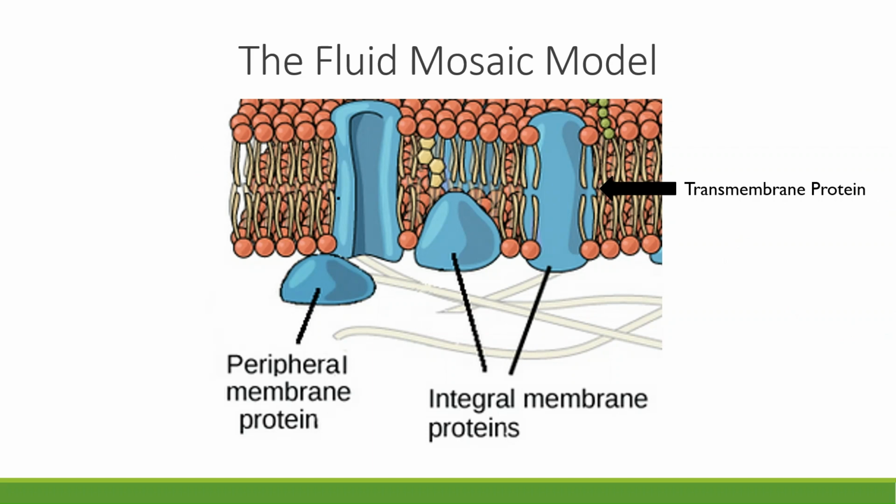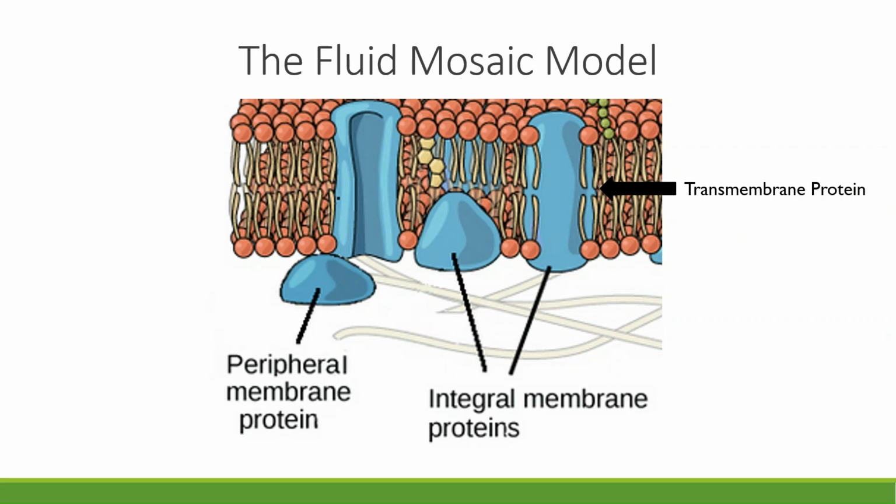So let's move on to talk about proteins now, proteins associated with membranes. There are 2 main types, peripheral membrane proteins and integral membrane proteins. Remember, peri means around, so peripheral membrane proteins are located on the inner or outer surfaces of the membrane, but they're not embedded within it.